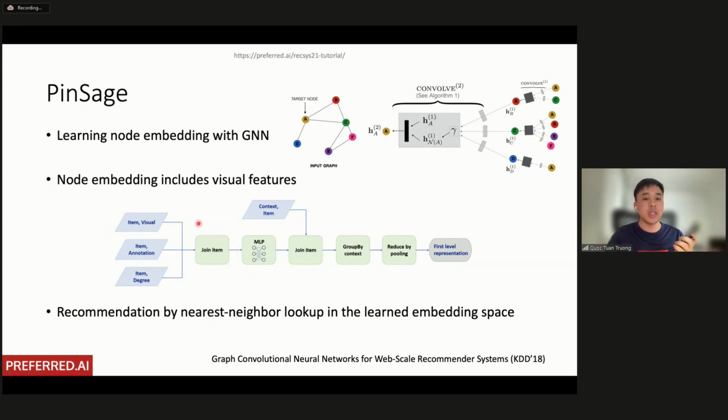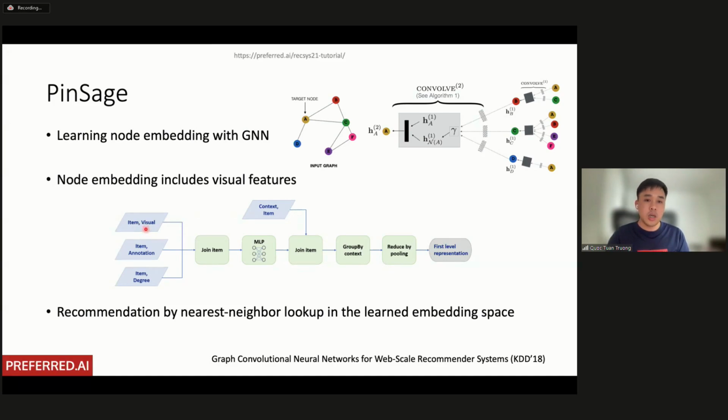The key component to learn the node representation is taking into account the item visual feature of the image, because Pinterest mostly works with images. I just want to show some key ideas: this makes use of graph neural networks to learn the node embeddings, whereas the input feature of the node is extracted from images.